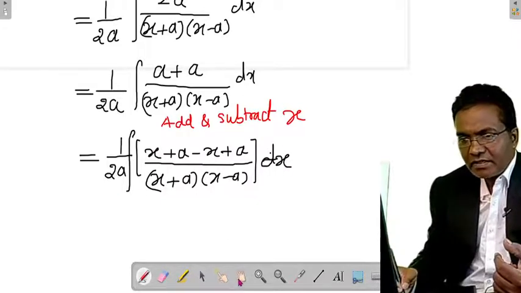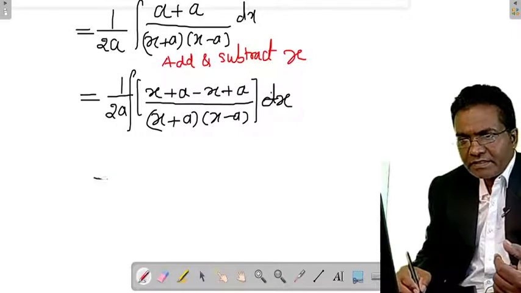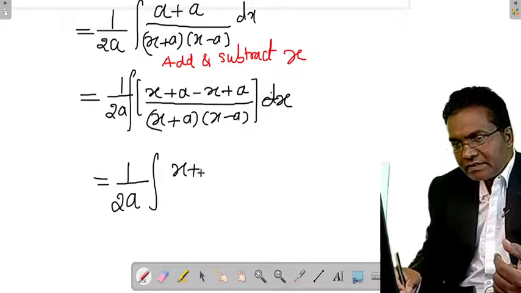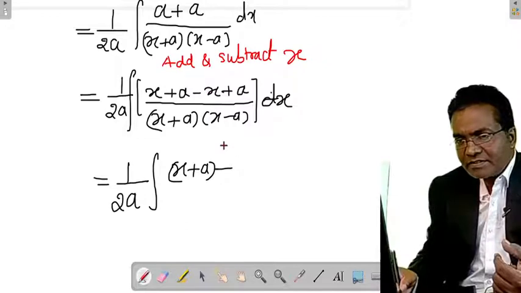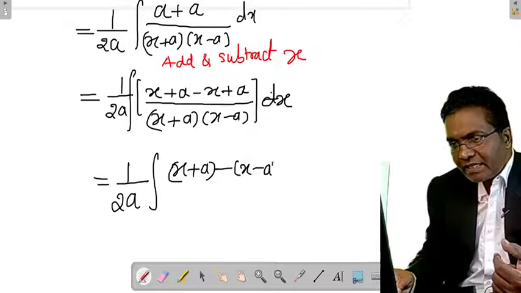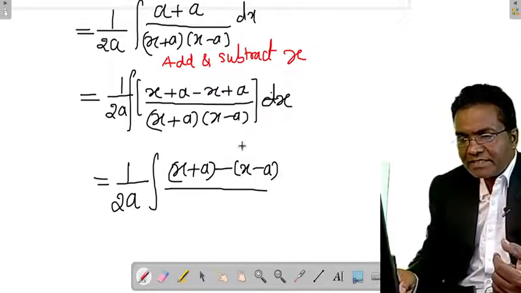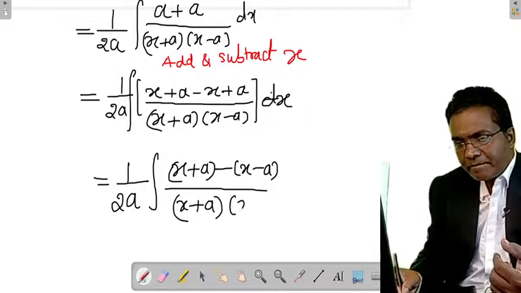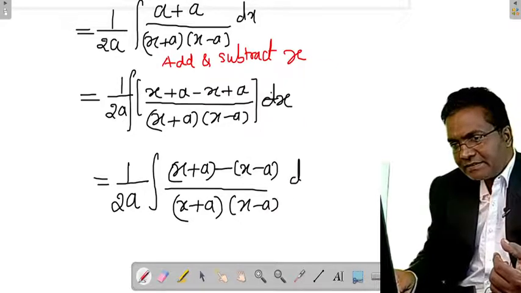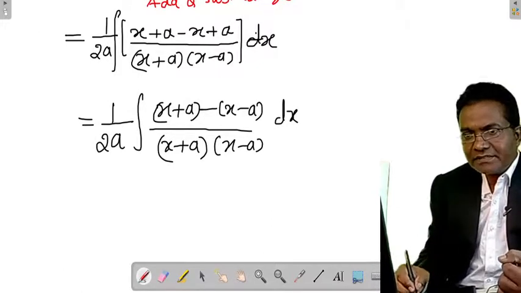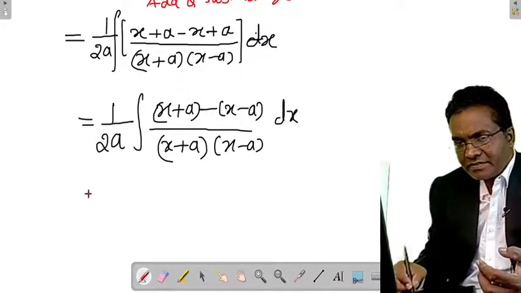Further, 1 by 2a, x plus a as it is. I take minus common from this because I want terms like x minus a. Taking minus common, it becomes plus, so it is x plus a, x minus a, dx. Now separate this divided by this.